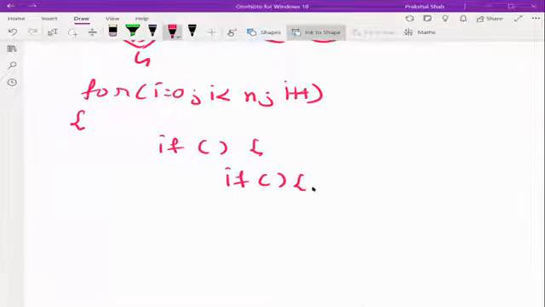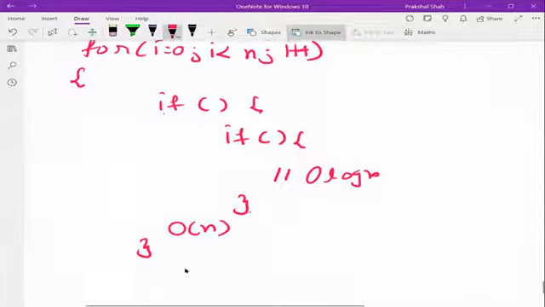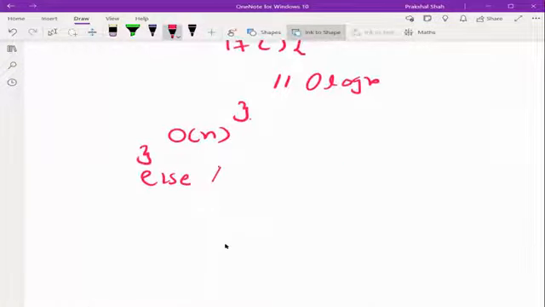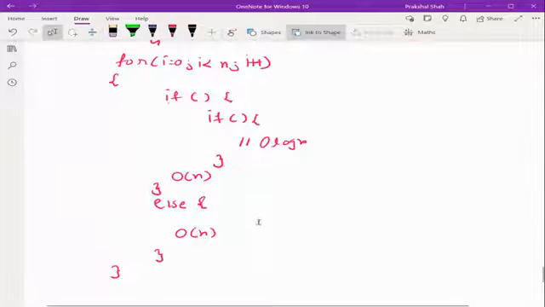For this inner if condition, the time taken is log n. After coming out of this it will take order of n, and then the if will be closed. Now after this I have my else. In this else I have order of n. This is my whole program.